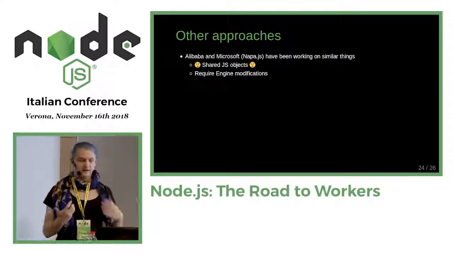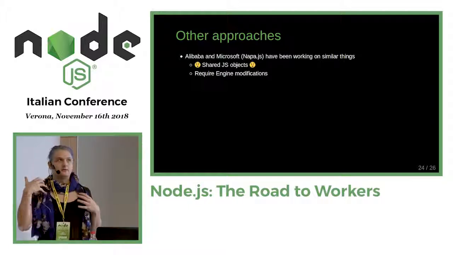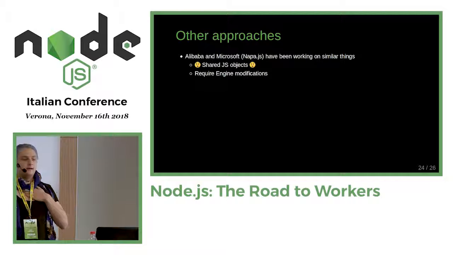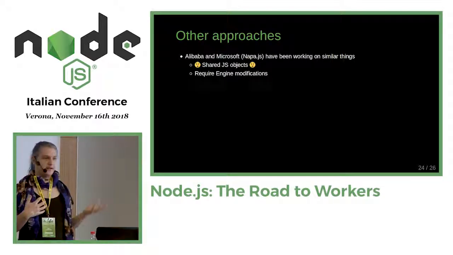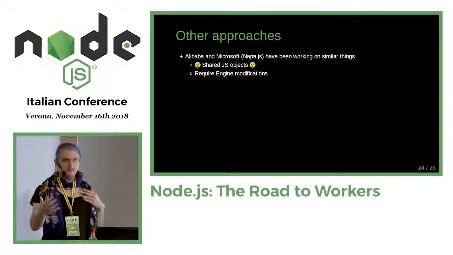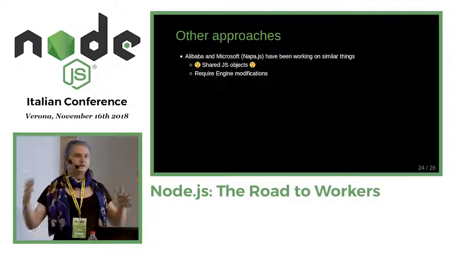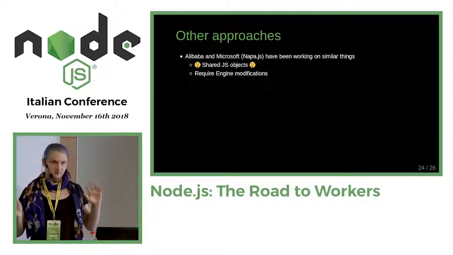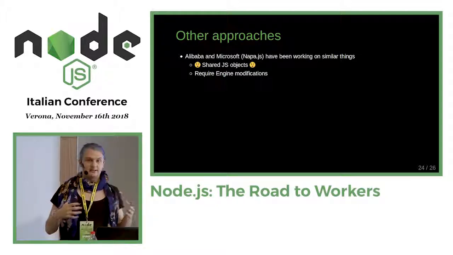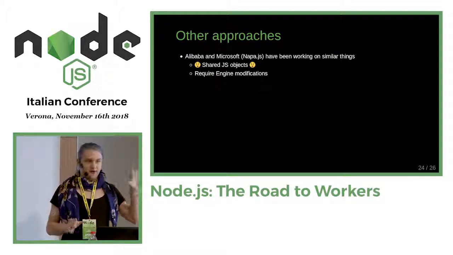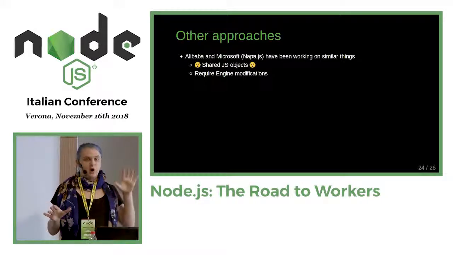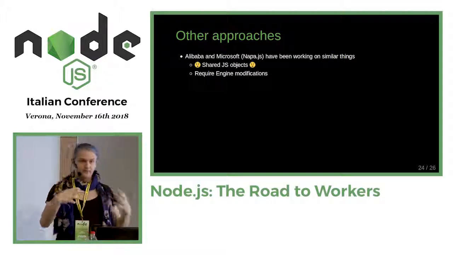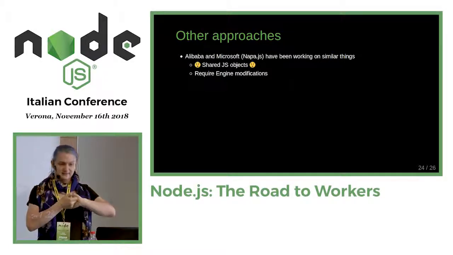Alibaba and Microsoft both have worked on workers implementations that go a lot further. Those actually require engine modifications, and the goal is to be able to share JS objects. So instead of just being able to share some typed arrays or some memory, you can actually transfer objects from one thread to another, or make them concurrently accessible.